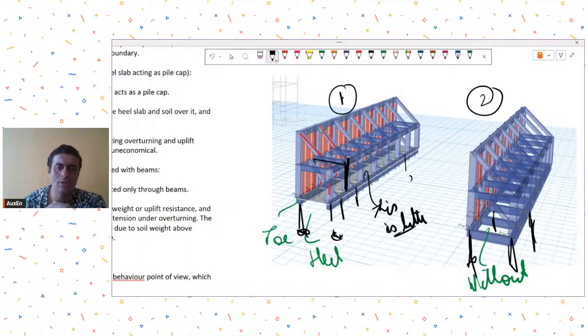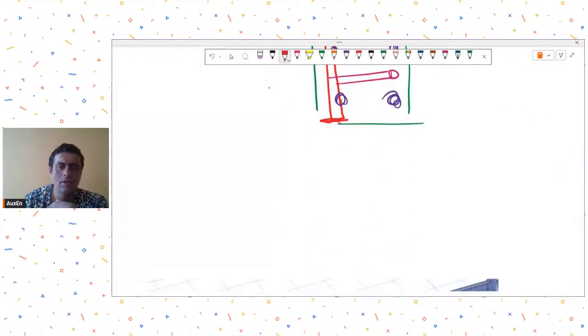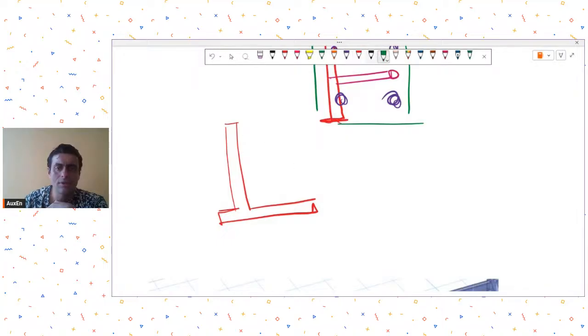Because there will be soil pressure that you can put on the toe and heel slab also. That toe and heel slab soil pressure will provide some counter to the overturning moment. So basically, let's say this is the column that has been provided, then there's a tie like this.